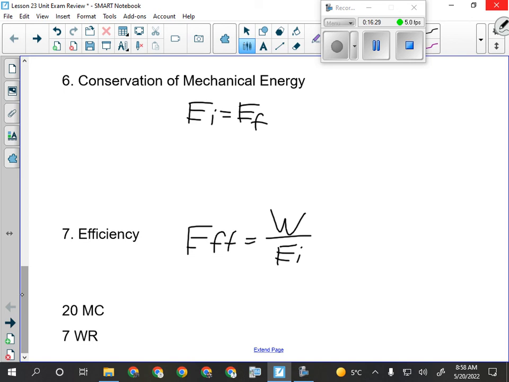The conservation of energy, is that what it's still? Okay, and I think those numbers are right. 20 multiple choice, 7 written. And the written are problem solving.